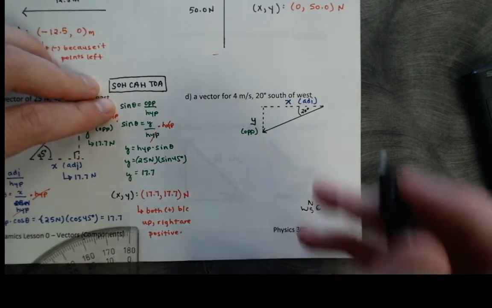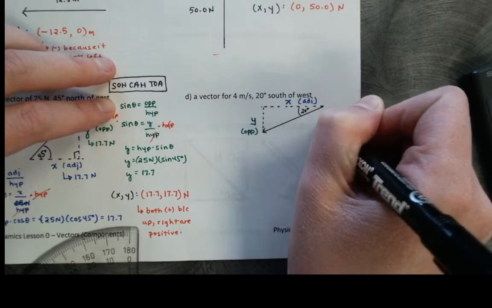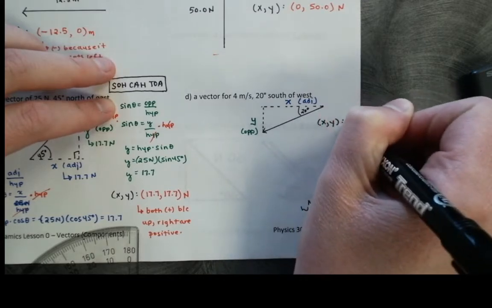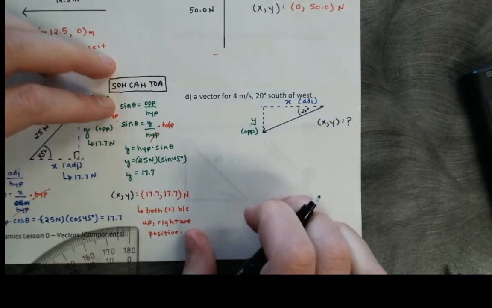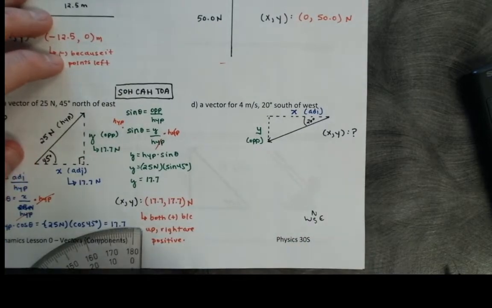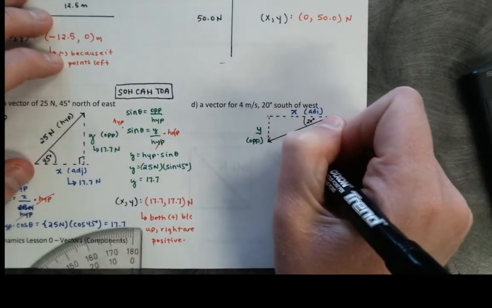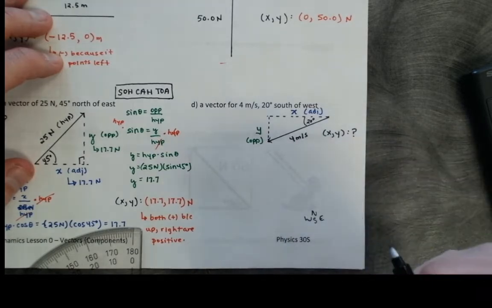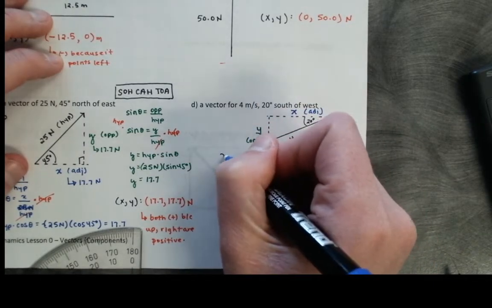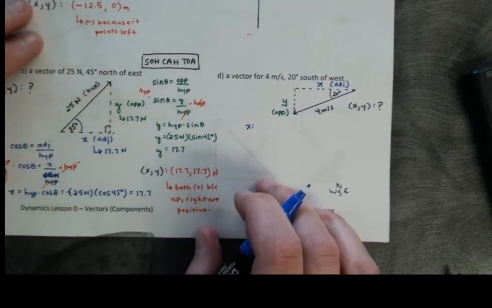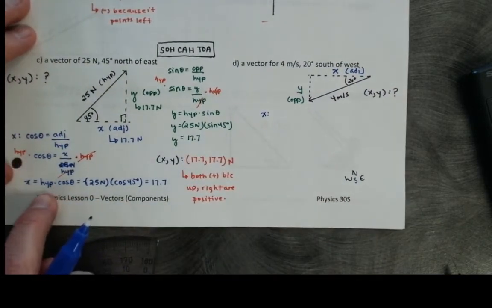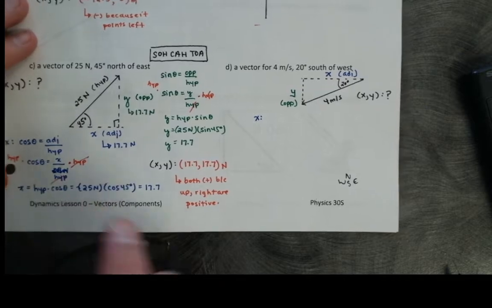So we're going to try to find the x and y. And again, we have to do some trig. The good news is we know the angle, we know the length. It's 4. So if we're looking for x, we can use the standard formula that it's going to be hypotenuse times cos of theta.